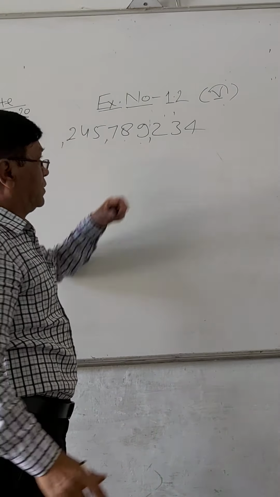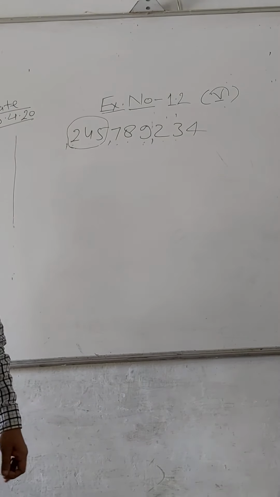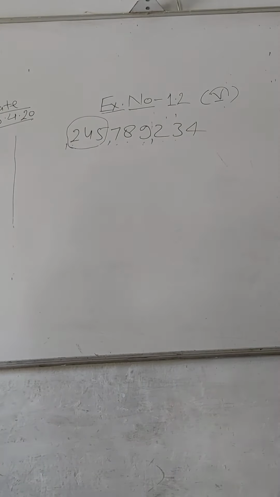Now read this number. This is ones, tens, hundred, thousand, 10,000, 100,000, million, 10 million, 100 million. So this is the period of millions. So how much is it? 245 million. Then 789,234. So it will be read as 245 million because this is the 100 million place. This is thousand.